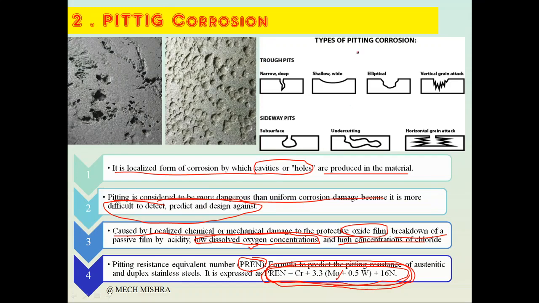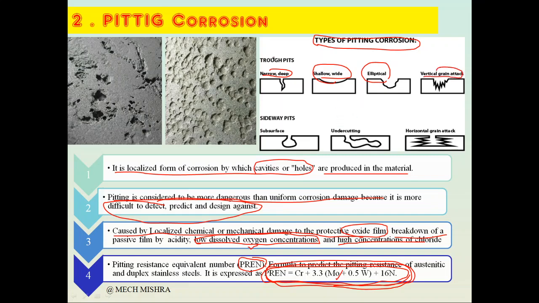So basically, types of pitting corrosion. There are various types of pits which can form depending on the local corrosion phenomena happening at that localized location. Through pits: first form is a narrow and deep pit, then it may be a shallow pit, then it may be an elliptical pit or vertical grain type attack.